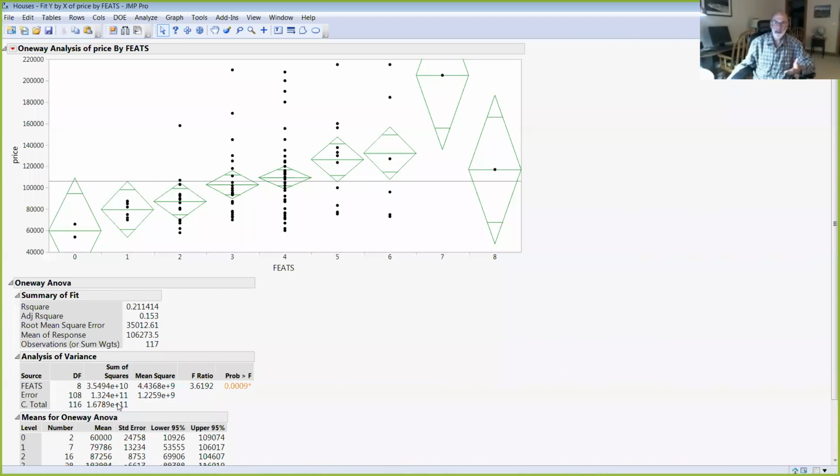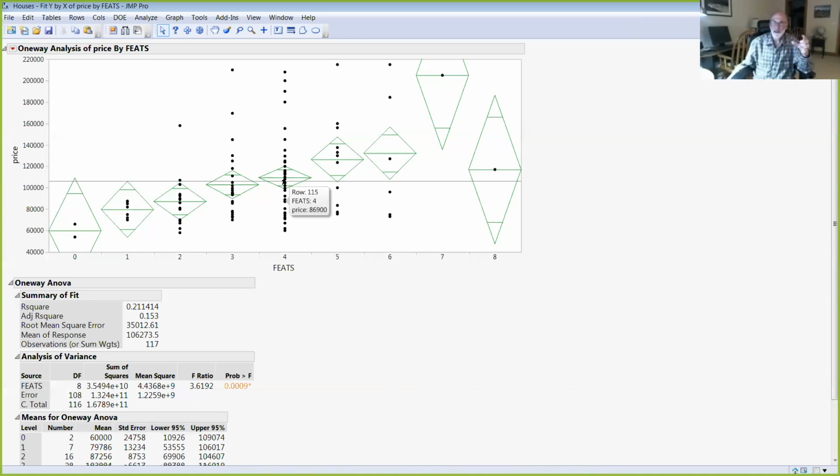Instead of 10 to the 10th power, it's 10 to the 11th power here, because there are a lot more houses individually than there are groups. So you're going to get a lot of variability, especially when you square the differences of each of these points from the mean in that group. To put them on a similar scale, it divides the sum of squared error terms by its degrees of freedom.